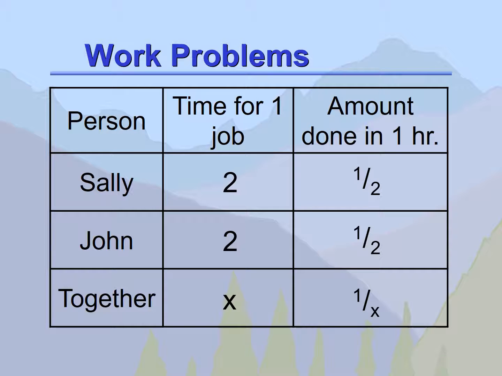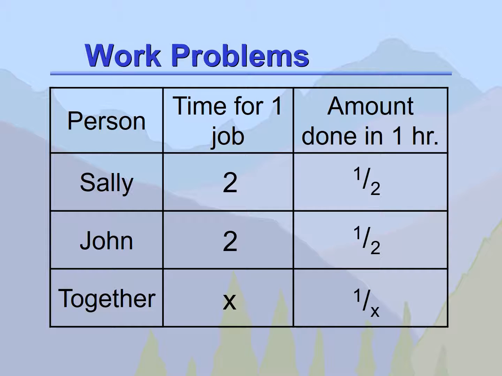So remember, when we solved this without the table, all we did was 1/2 plus 1/2, and that was equal to 1. Whenever you're solving work problems, once you have the table set up, all you have to do is add the first 2 rows and set it equal to the last row, and that's how you'll solve the work problems.